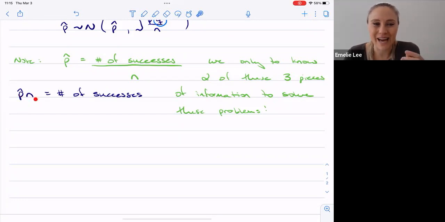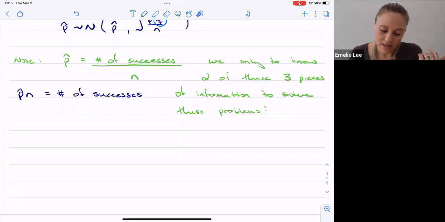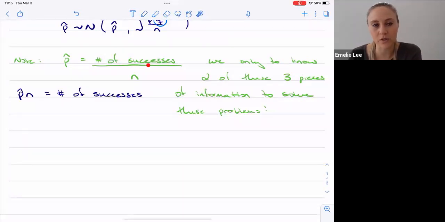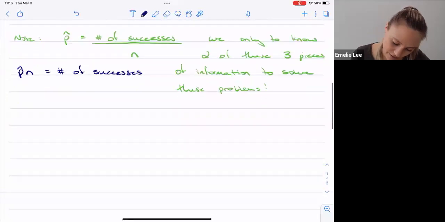Then you have p hat and you have n, and then you might have to find the number of successes. Or usually I'll give you, 375 people out of 800 people that were surveyed said this, right? That's the number of successes over n. So your 2 different options.